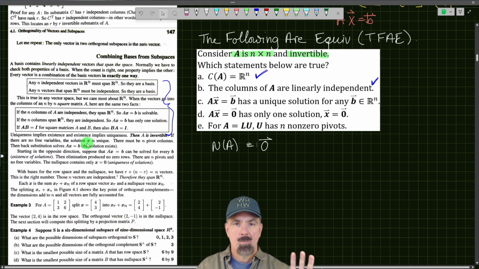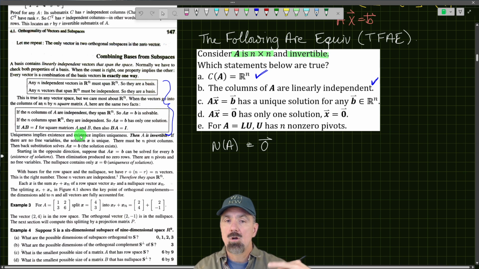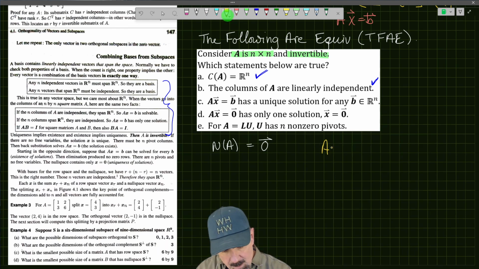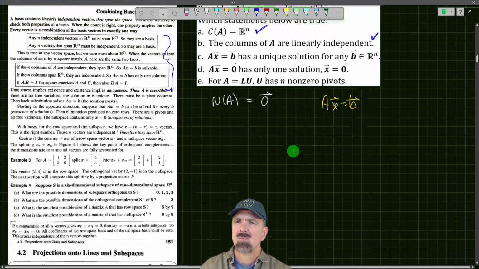Again, it only applies to square matrices, but it's very important to where we are going, particularly with respect to solving Ax equals B. Solving the Ax equals B problem, we understand that when we have a non-trivial null space, we have an infinite number of solutions if we have one solution that exists. As I said previously, where we're headed here is for overdetermined systems, where we don't have any solution.